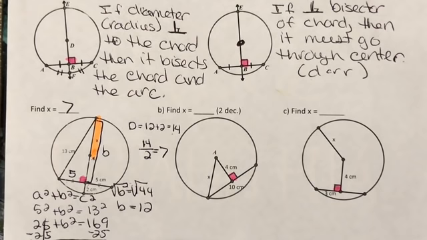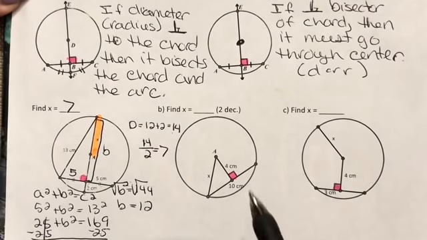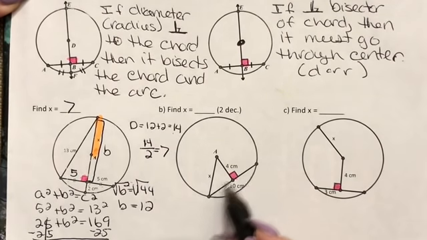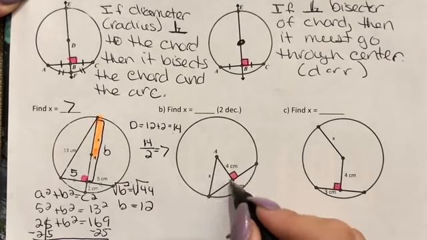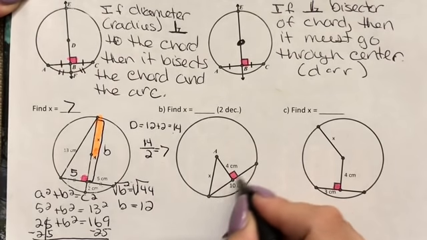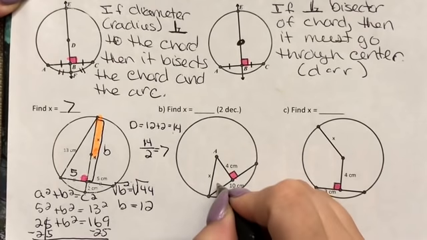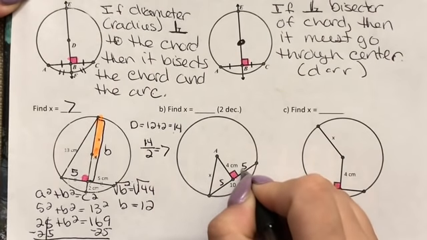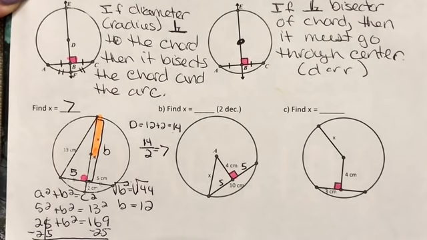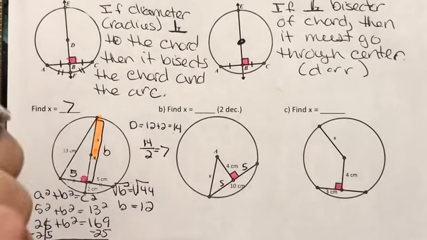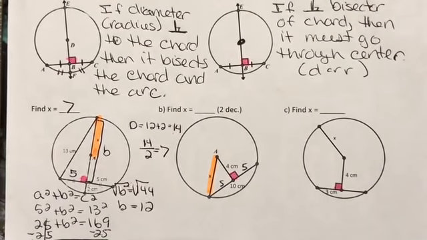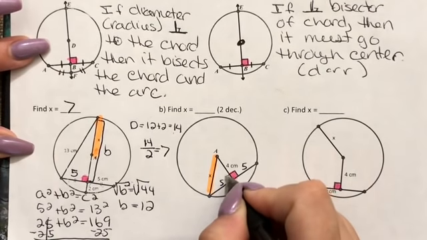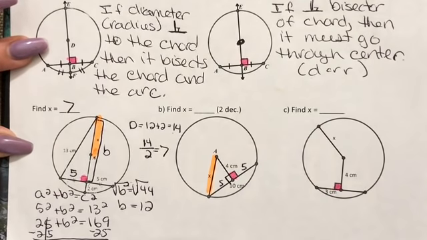In the second one, I see that I have a radius creating a perpendicular bisector in this chord. And I see that this is 4. So if this whole thing is 10 and it's being cut in half, that means this piece is 5 and that piece is 5. And again, I'm only looking for x, which in this case ends up being the hypotenuse, because this angle is 90 degrees.